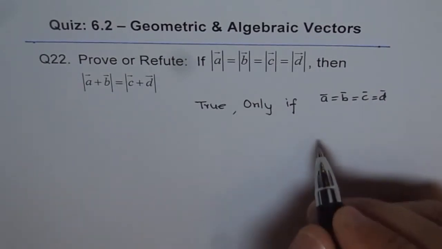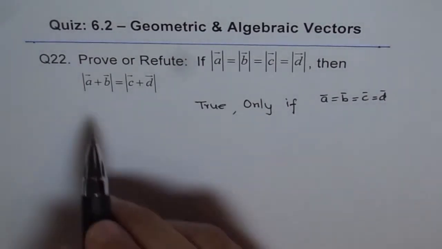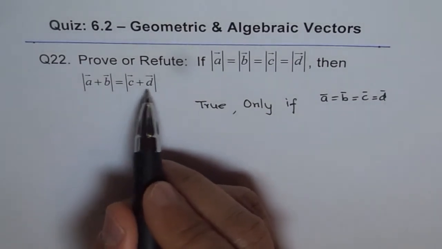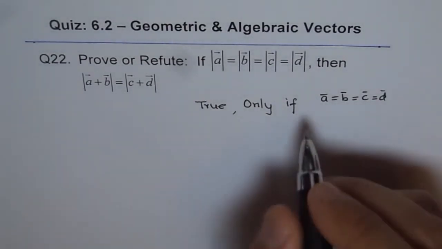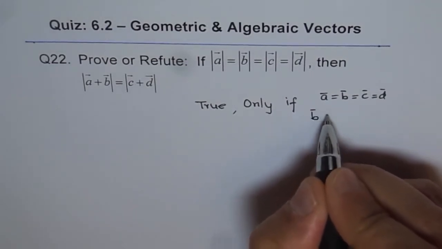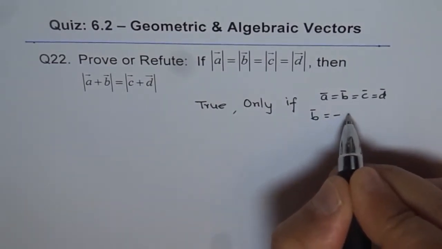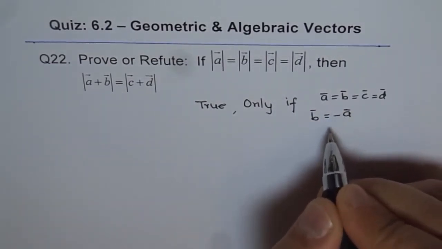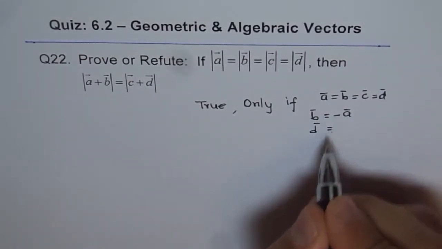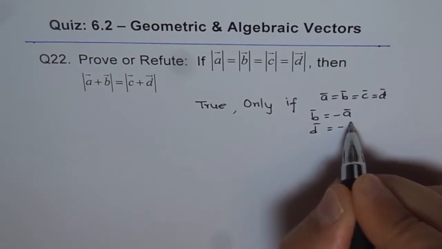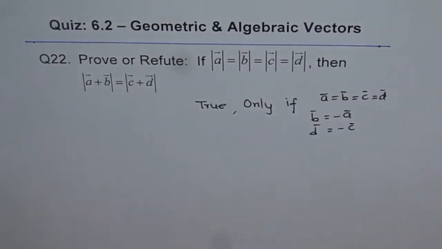It could be true if A and B and C and D are in opposite direction. You understand? It is true even if the vector B is equal to minus of A, and if vector D is equal to minus of C. These are the only conditions when this could be true.